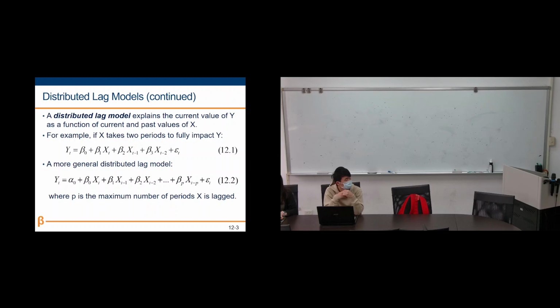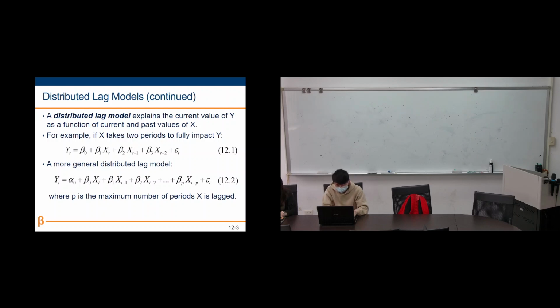In 12.1, we have t minus 1 and t minus 2 for one particular variable X. Then a more general distributed lag model is the one not only with t, t minus 1, t minus 2, but may be extended to the previous p periods. So this is 12.2.